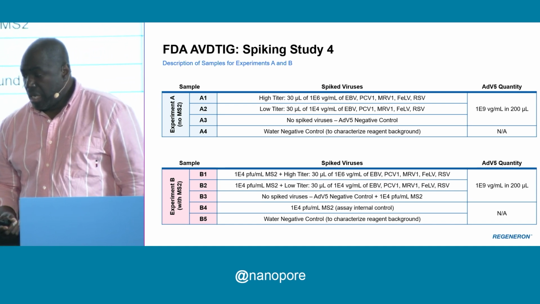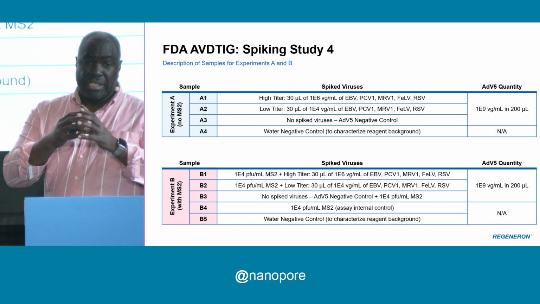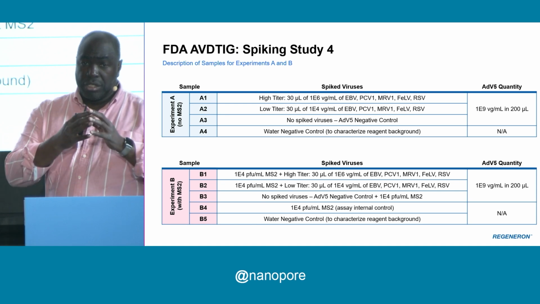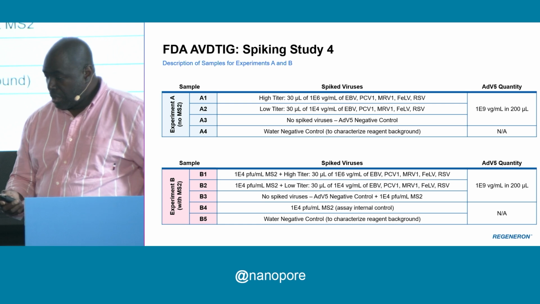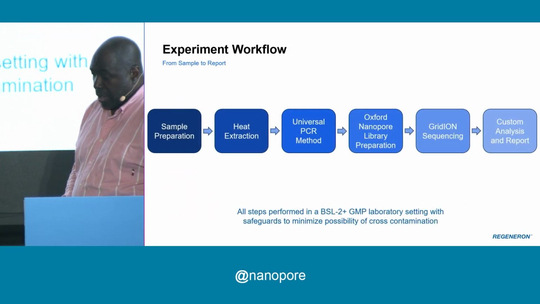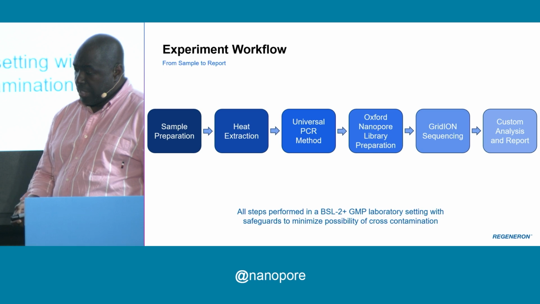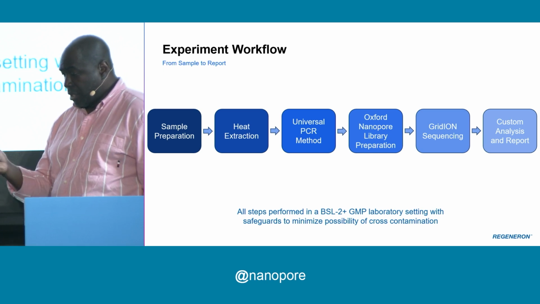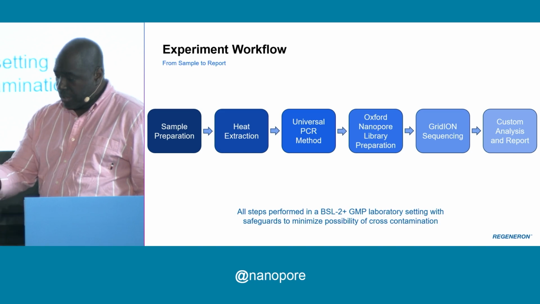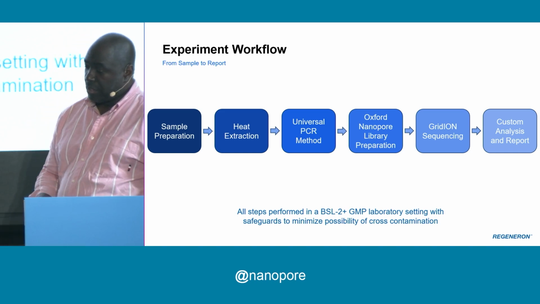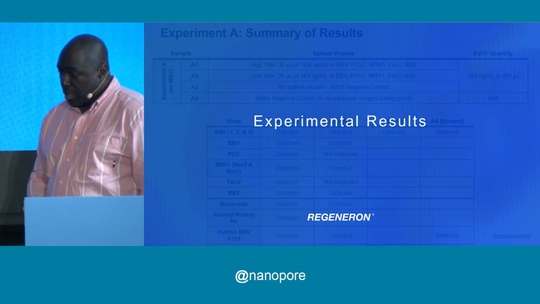The reason we wanted to add the phage is to see if there's any inhibition in that process, especially when we do amplification. So the experiment workflow is: sample prep, heat extraction, universal PCR, library prep, and then sequencing on a GridION, and then the analysis.